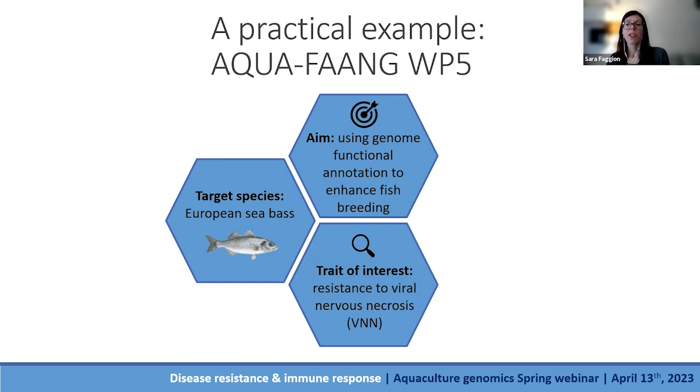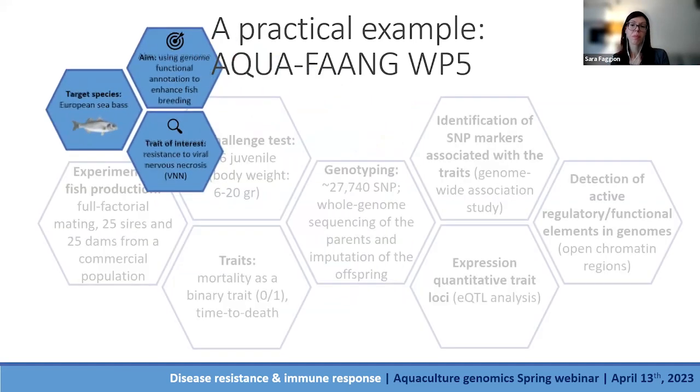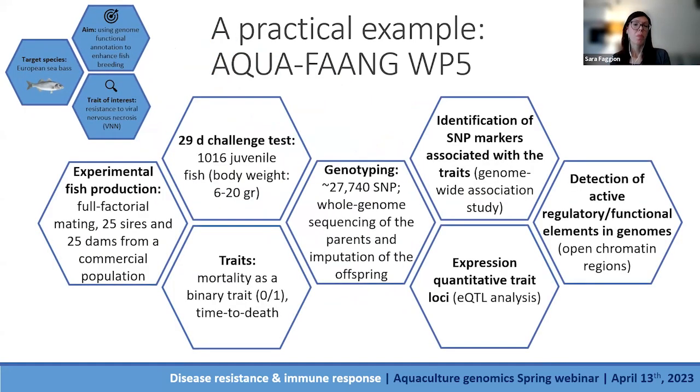In this work package, the target species is European sea bass, and the trait of interest is resistance to viral nervous necrosis. Very briefly, about 1,000 juvenile fish were produced using breeders from a commercial population, and fish were subjected to an experimental infection.